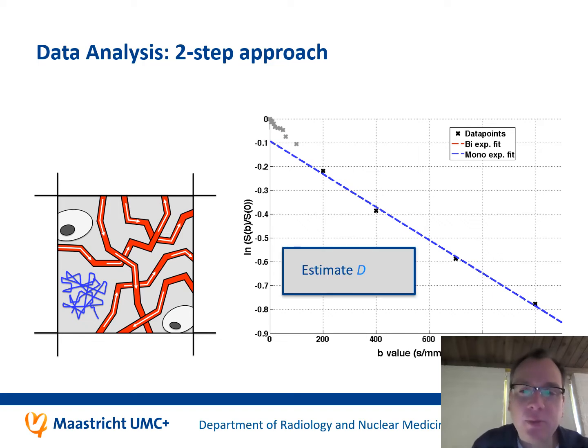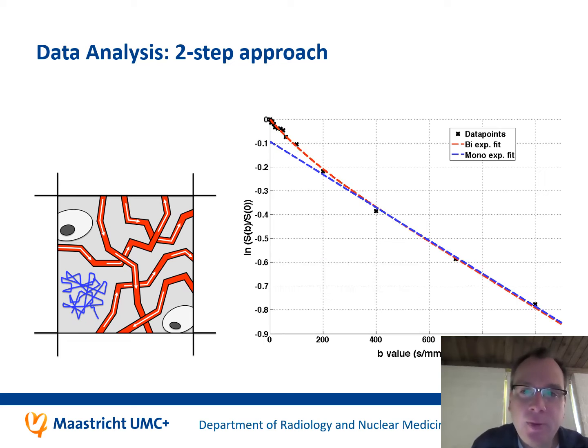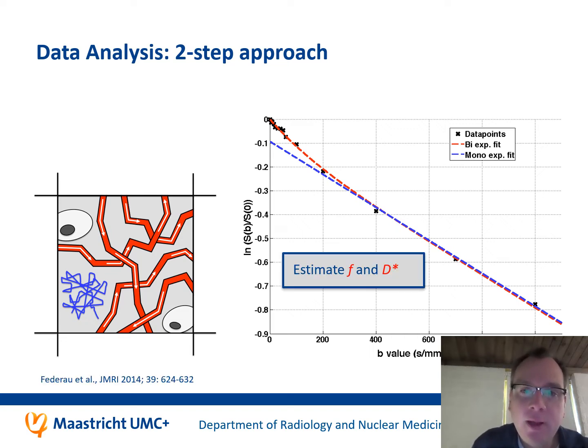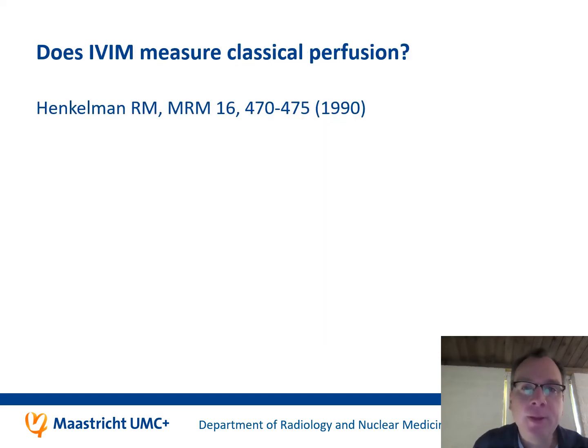Using that, we estimate the D, the diffusion coefficient of the parenchyma. And later, we fit the full curve with the bi-exponential fit, which provides us with the f and the D star. And this is a relatively robust way to fit IVIM data. It's becoming the standard nowadays.